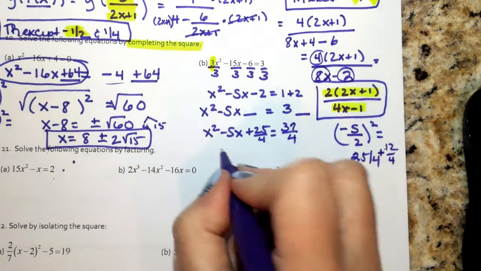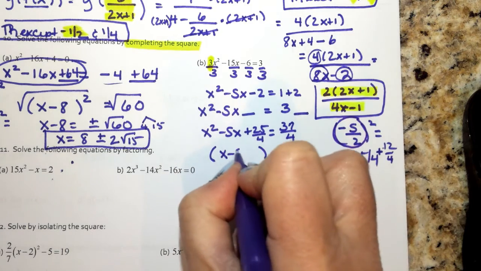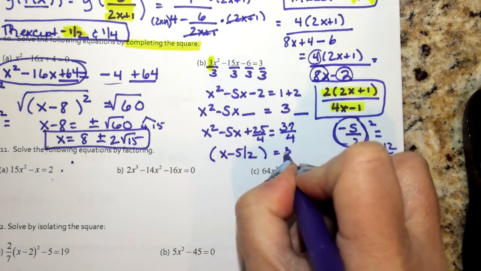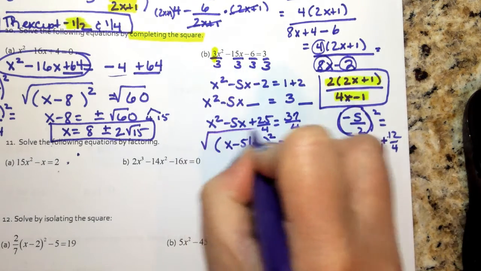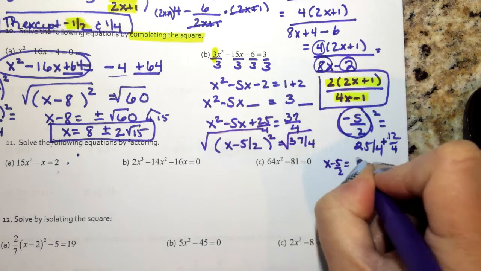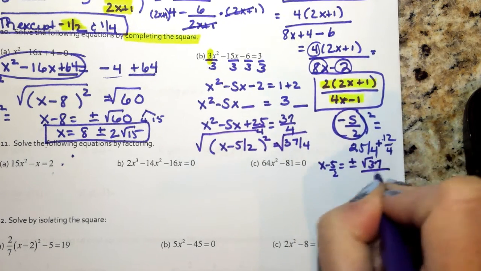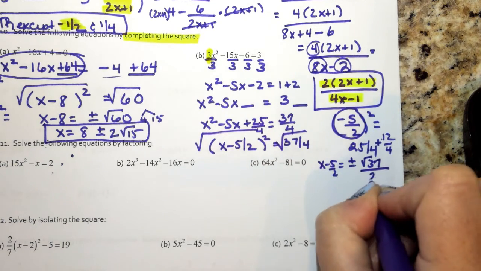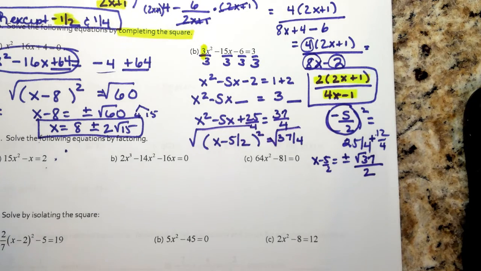I can factor this. Again, remember, whatever number I squared is what this factors into. I'm going to take the square root. So I have x minus 5/2 is equal to plus or minus. Again, remember, when you take the square root of a fraction, you take the square root of the numerator and the square root of the denominator, and I know the square root of 4 is 2.